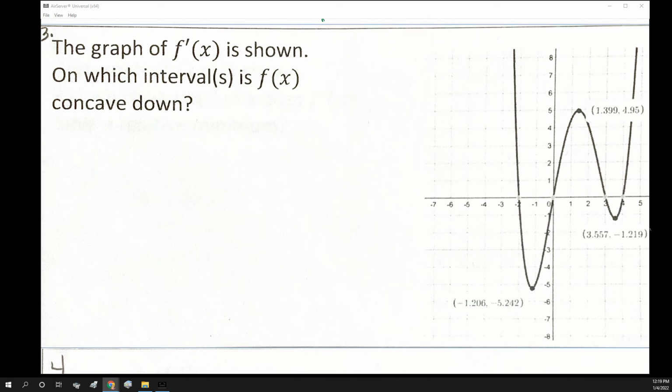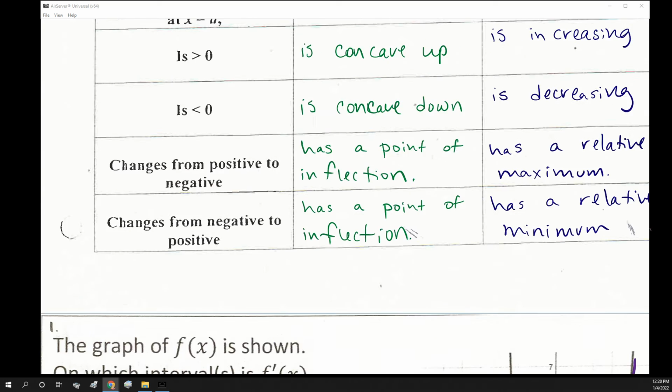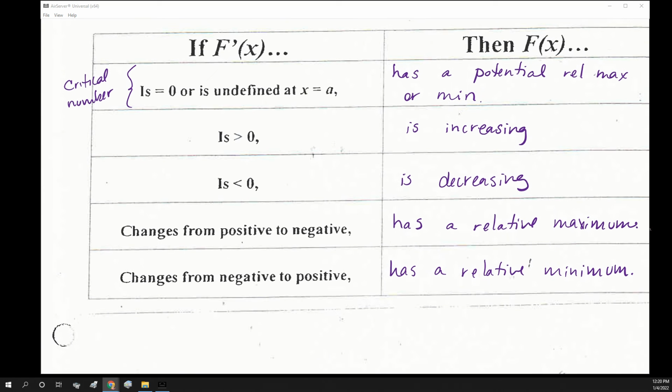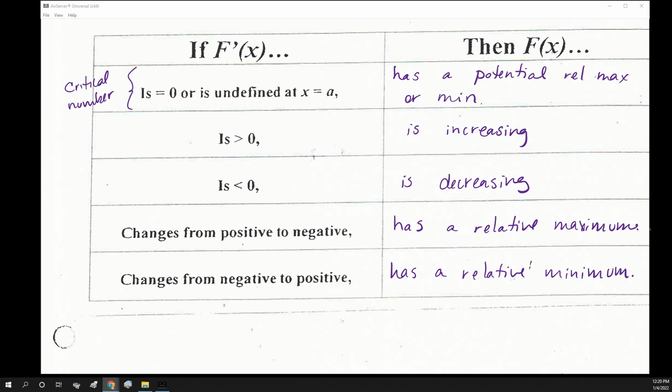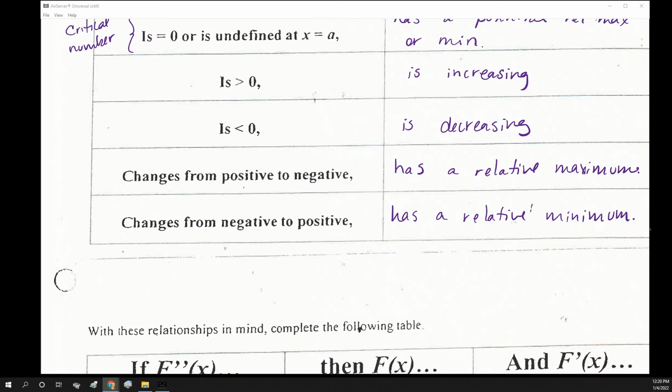Okay, number 3, we have the graph of f prime, and we want to know on what intervals f of x is concave down. Let's look at our tables and see where we're going to get this information. This top table is talking about f and f prime, but it's mostly about increasing and decreasing and relative max and relative min.